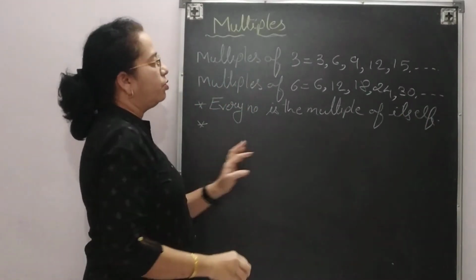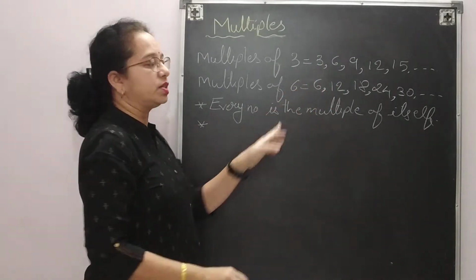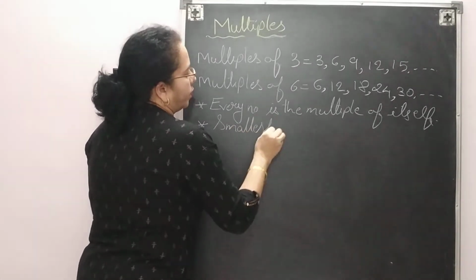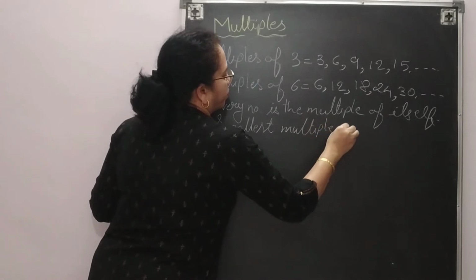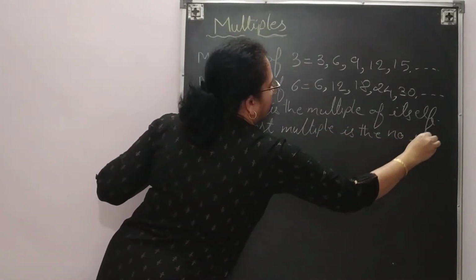Which is another one? Which is the smallest multiple of 3? 3. Smallest multiple of 6? 6. So smallest multiple is the number itself.